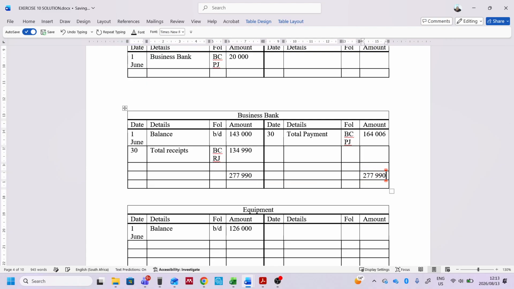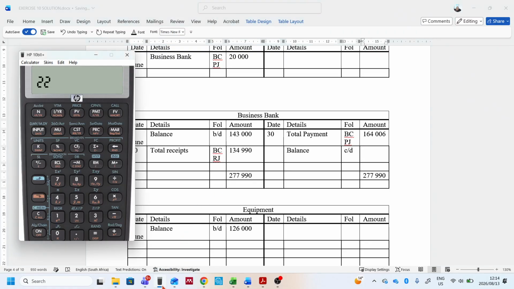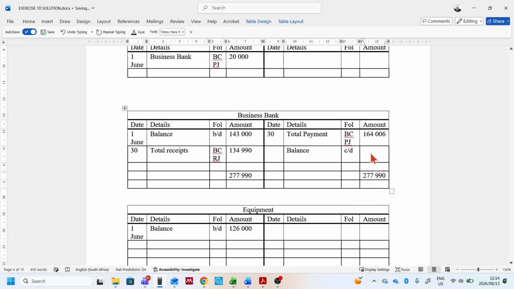The side that is the smallest, you are going to then have what we call balance carried down to balance this side. So now you're going to say 277,990 minus 164,006. This will then give you 113,984.